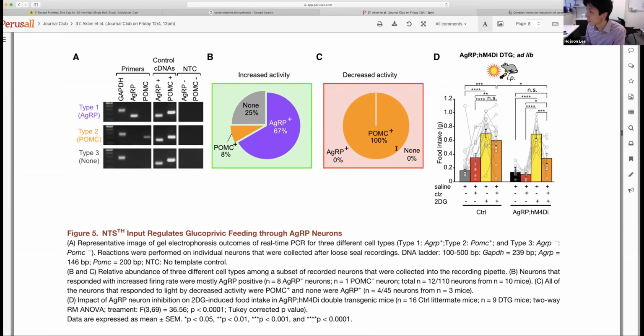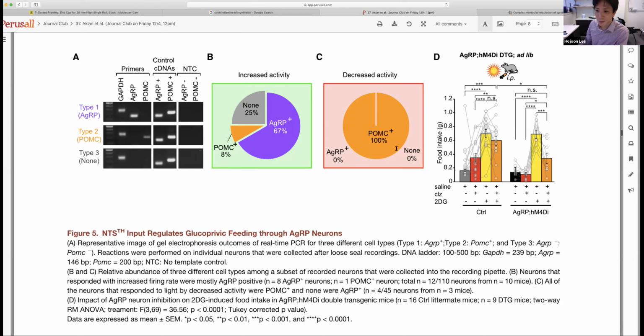It just seems so forced to me, because what they're trying to say is that the connectivity of the NTS neurons to the arcuate nucleus induces activity in the arcuate nucleus.